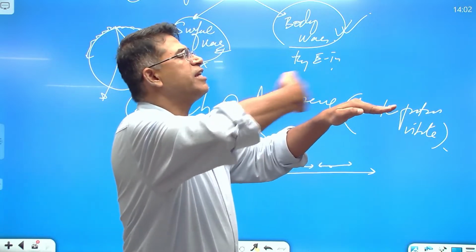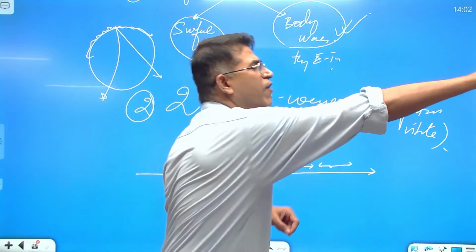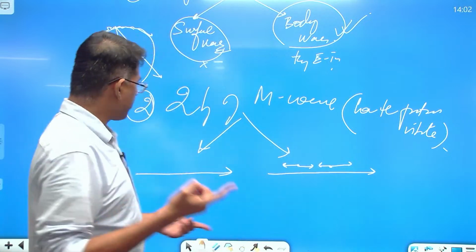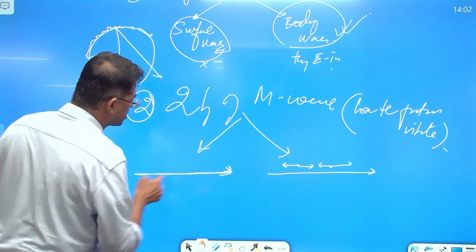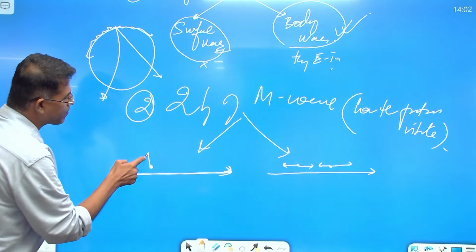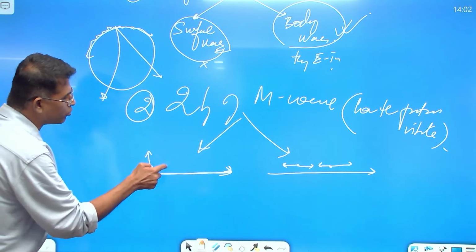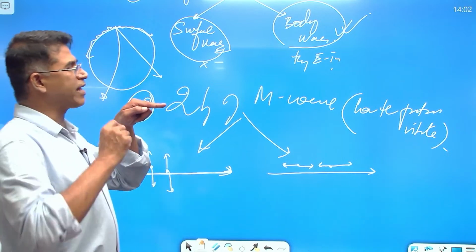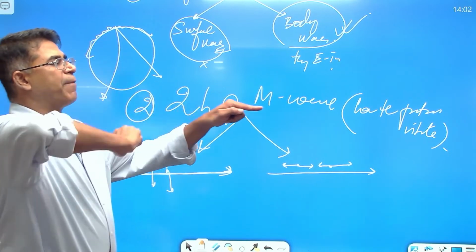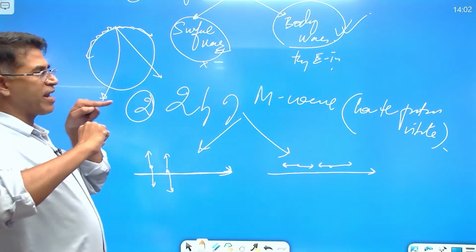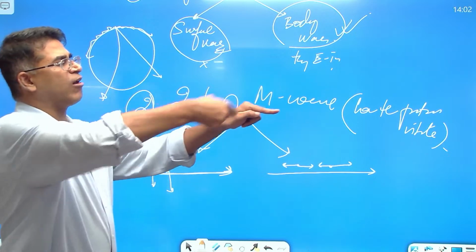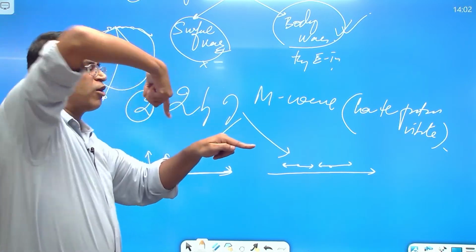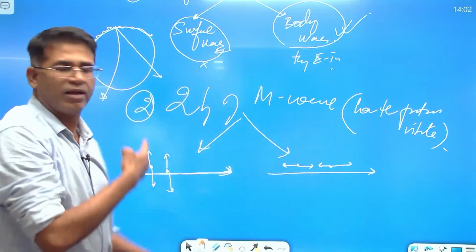The second type is energy moves like this, and the particles can vibrate perpendicular to the energy propagation. So energy is moving like this, the particle is vibrating up and down. Energy moves like this, the particles can vibrate across the axis like this also.